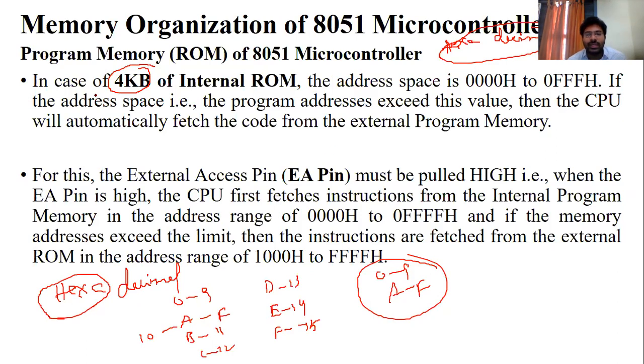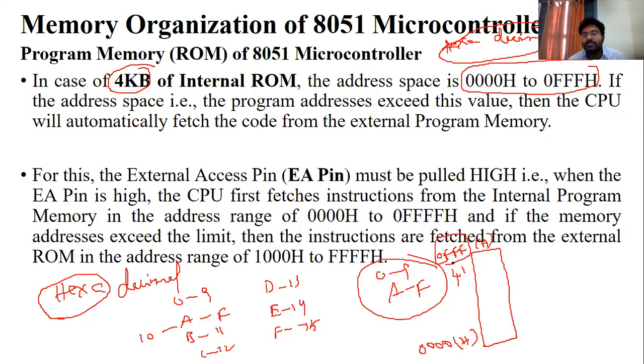So if it is 4K, that memory is nothing but 0000H to 0FFFH.